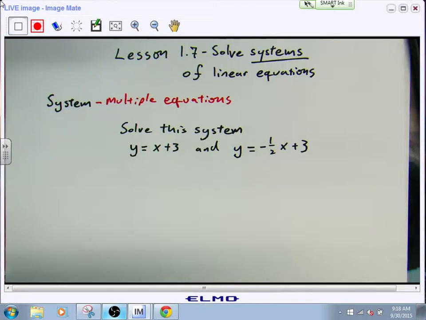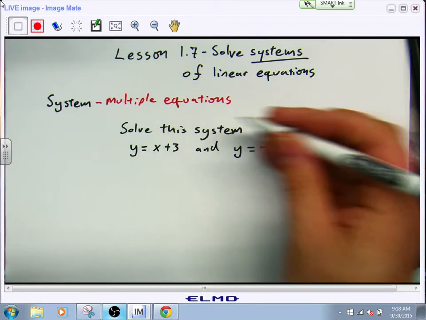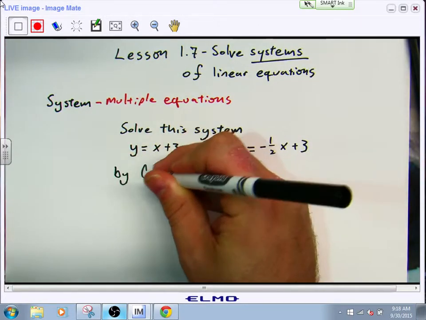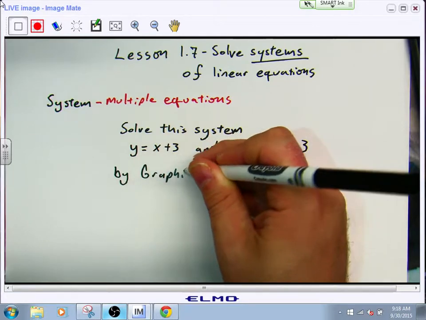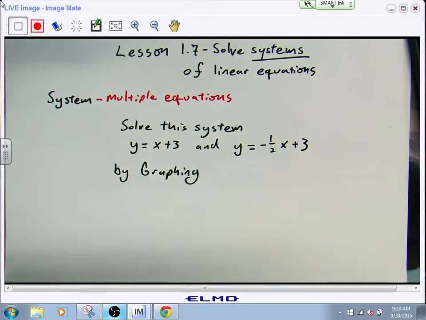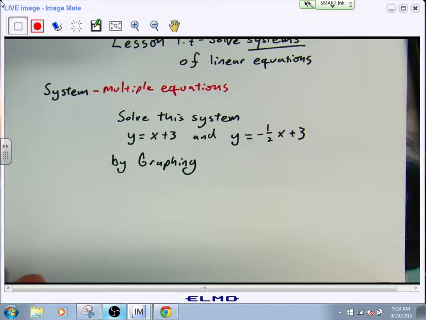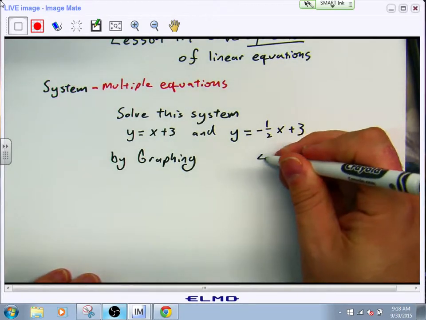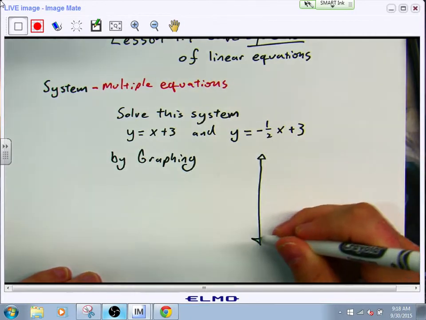And so the way I'm going to first start by asking you to do this is by graphing. Okay. And to be able to do this, it's not that terrible. All we have to do is graph both equations. Okay, graph both equations.